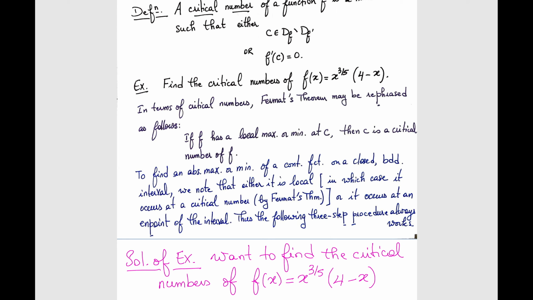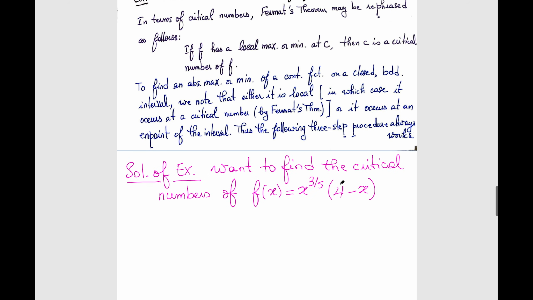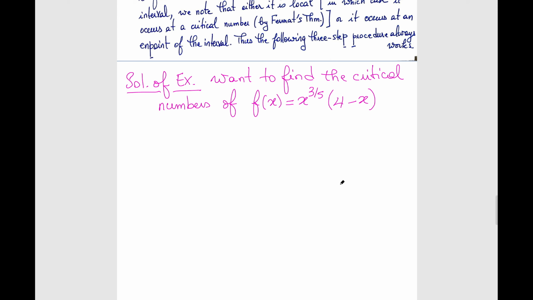Okay, so what do we need to find? We need to find those numbers that are in the domain of the function but not in the domain of f prime, and all those numbers where f prime is differentiable but vanishes there. Okay, so this is what we're going to be doing in this exercise.